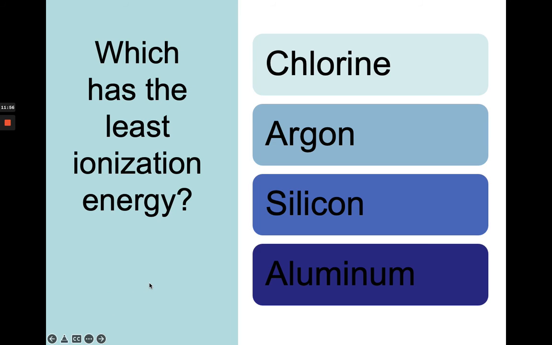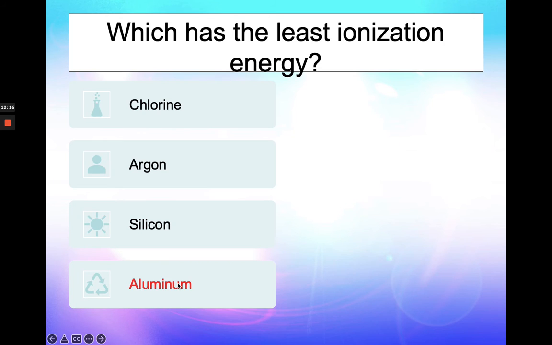Okay, which has the least ionization energy? And you've got to look. These are all in period 3, but which one is holding on the least? Which one is the biggest, the loosest of all of these? And you should have gotten aluminum.